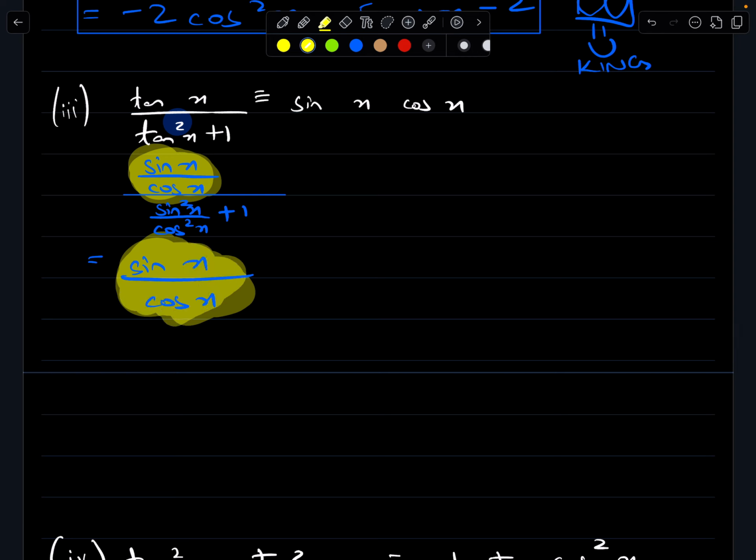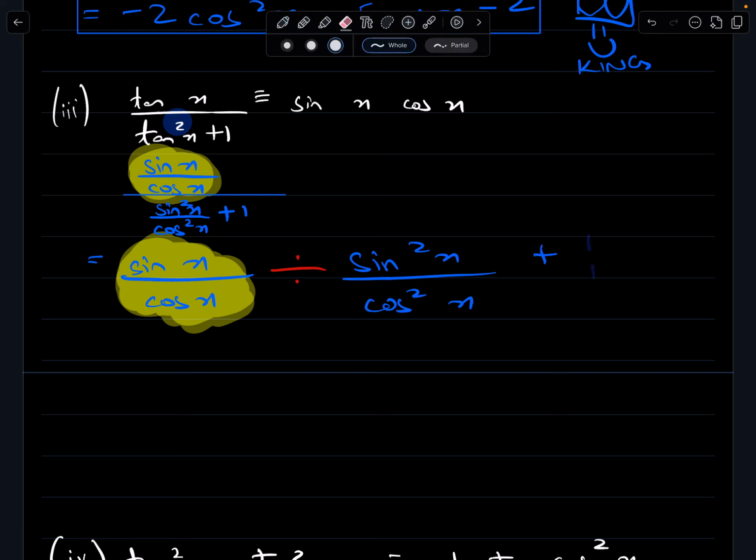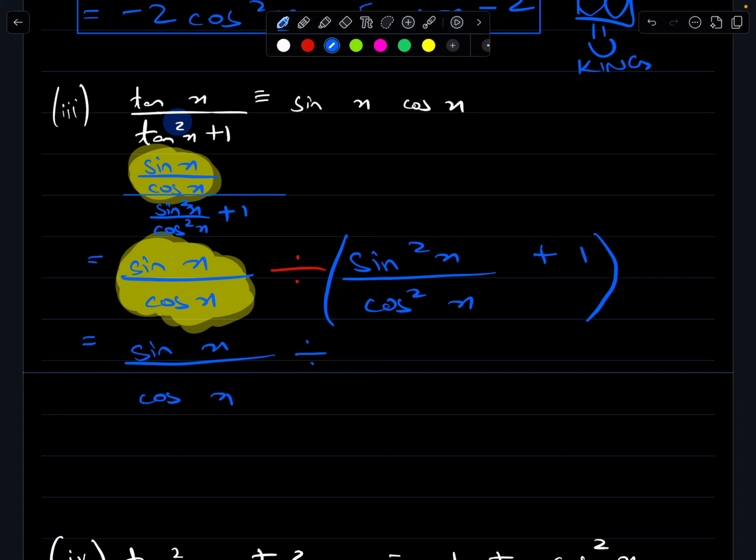Rather than writing this as a fraction, I'll use the division sign. Sine square x over cos square x plus 1. This reduces your chances of making a mistake. You have a division sign.